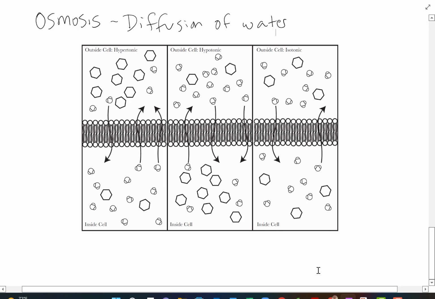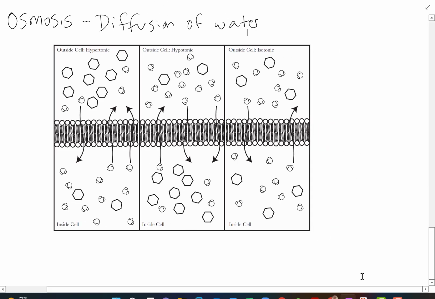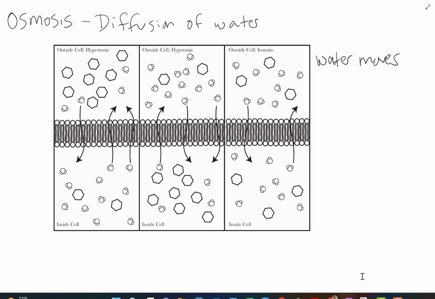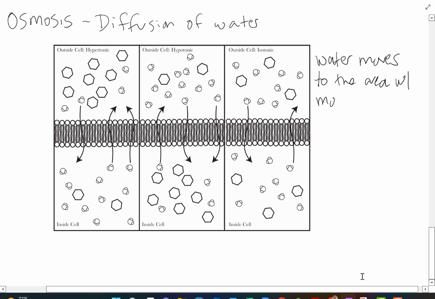Water is always going to move towards the area where there are more solutes. So solutes are going to be things that dissolve in water. It could be things like sodium chloride, like salt, or it could be like glucose or sucrose, some type of sugar. And water moves toward the area where there's more solutes.